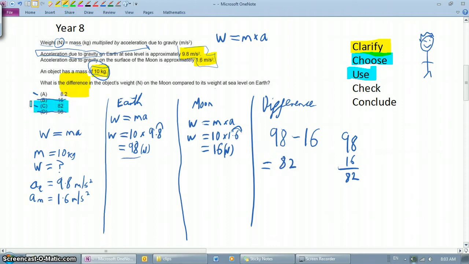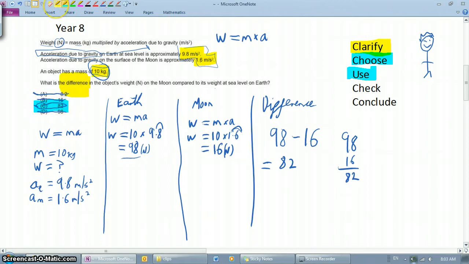Huzzah, yes it is, it's C. 82 or 8.2? Well, we've checked it. It's definitely not going to be 8.2 because that is less than half, just over half of the Moon's weight. So I'm 100% confident that it is going to be C, 82.